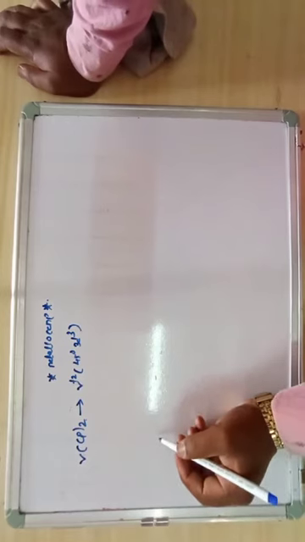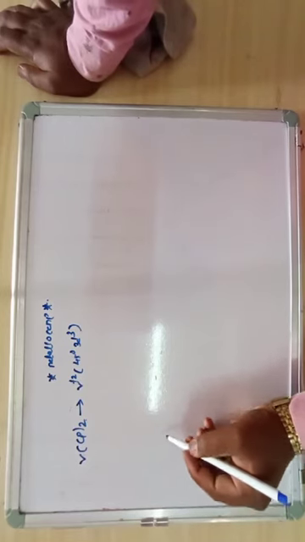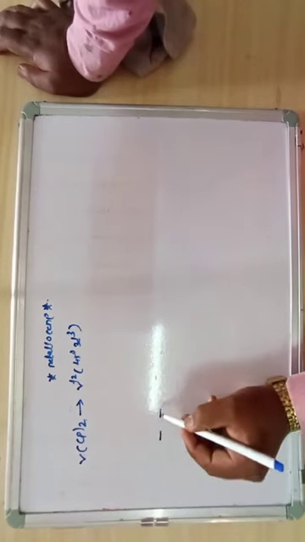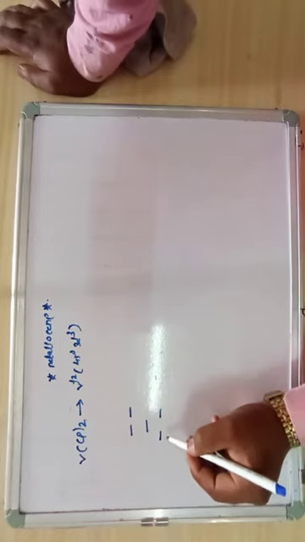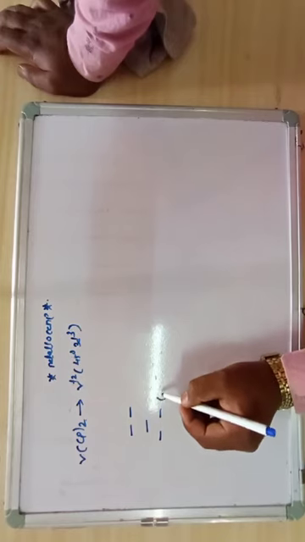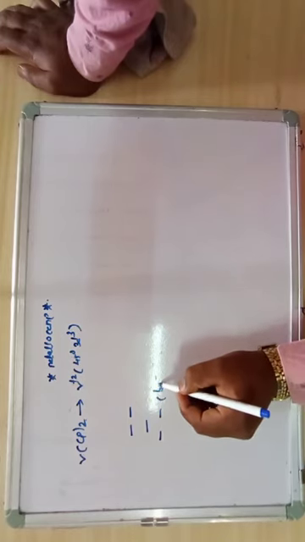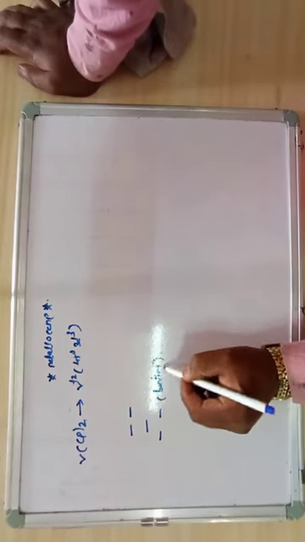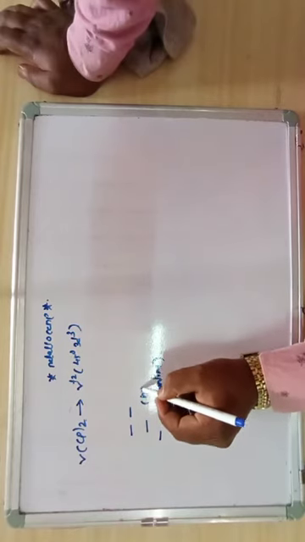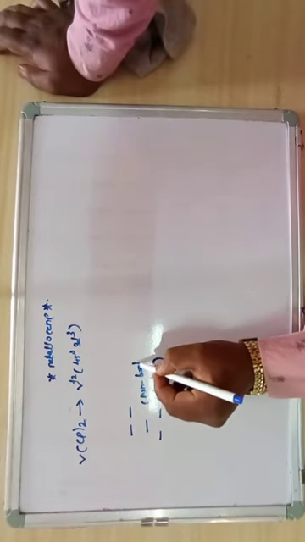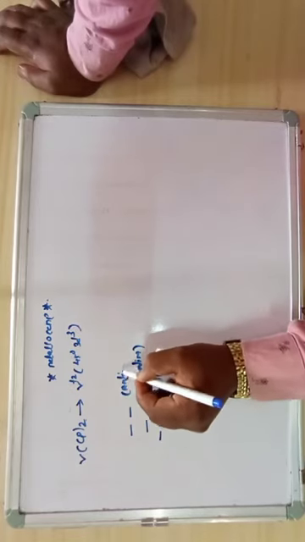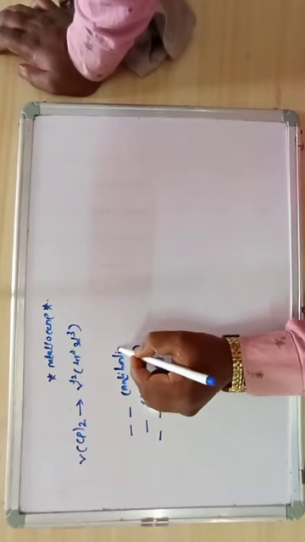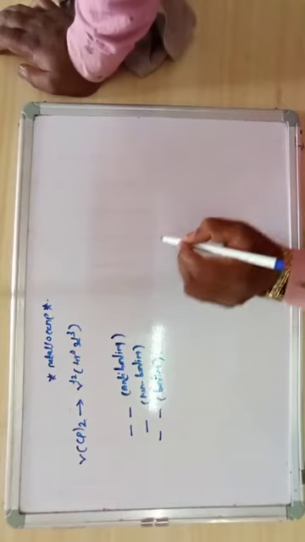If you consider the d orbital splitting for this complex, it is like this: this is the bonding, this is the non-bonding orbital, and this is the anti-bonding. You should remember this d orbital splitting in the case of metallocenes.